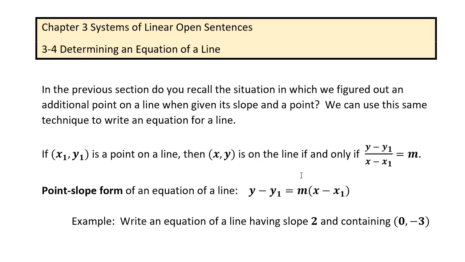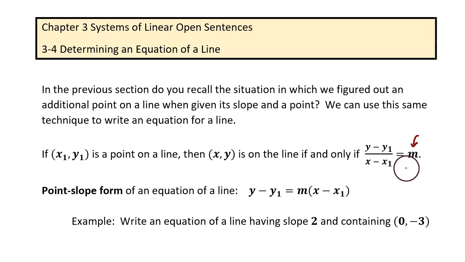If x1 and y1 are a point on a line, then there's another point with coordinates x and y if and only if, when we find the difference of the y values and the difference of the x values, it turns out to be equal to our slope.